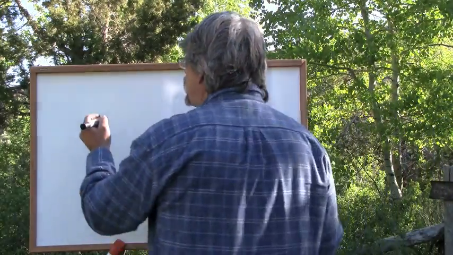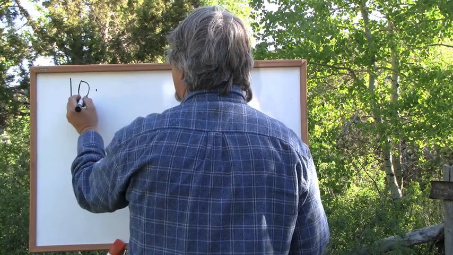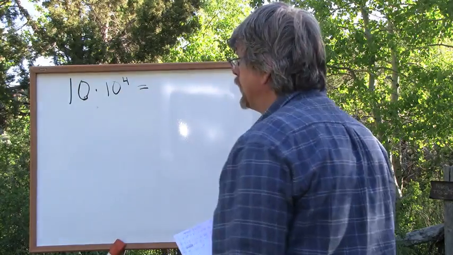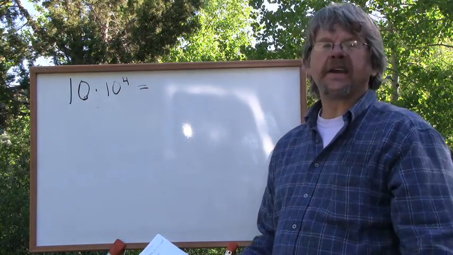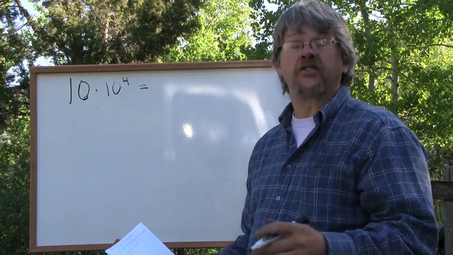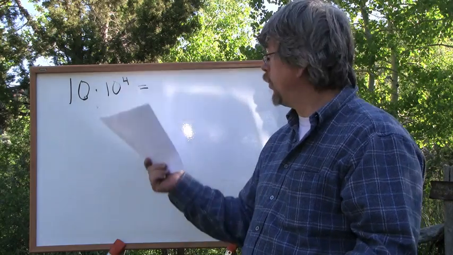Okay? Let's say we have 10 times 10 to the fourth. Now, any number by itself has an exponent. Any number. It's just multiplied by itself once. So that's a 1.